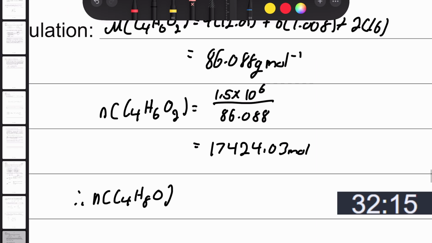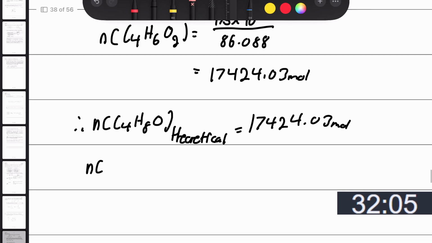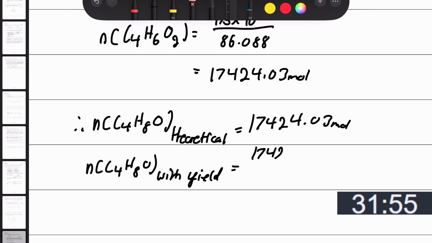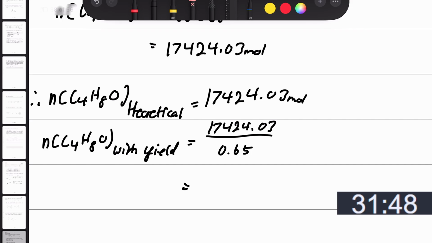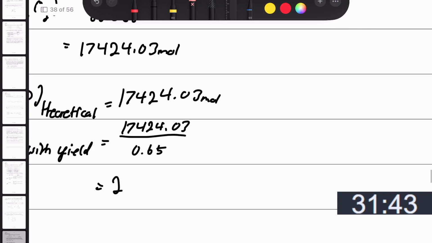The theoretical moles of C4H8O is 17424.03 moles, and with the yield of 0.65, 17424.03 divided by 0.65 is 26806.2 moles.